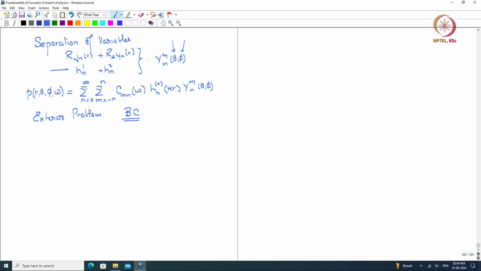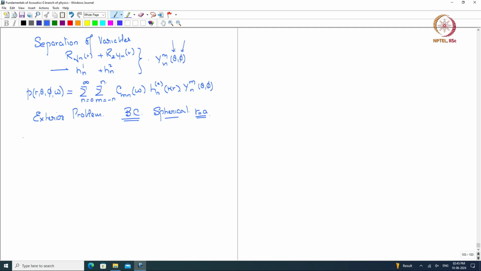Okay. Now if we are looking at again a spherical problem with conditions on a sphere, boundary conditions on a sphere, then we have to provide conditions at r equal to a, right.